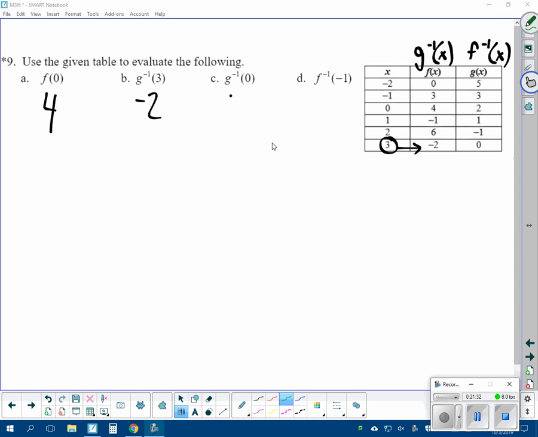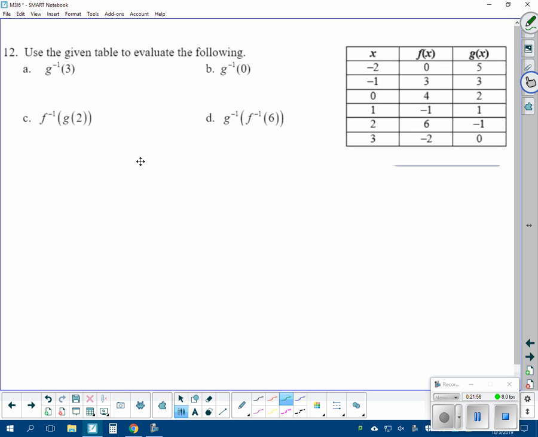So keep going. All right, what's inverse g of 0? 4, and inverse of f of -1. Yeah, it's not right. This is right. Are we okay with that?